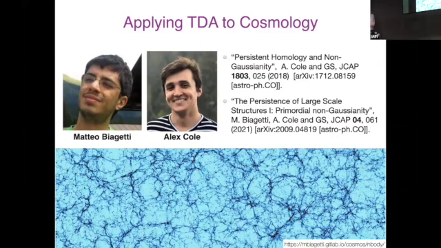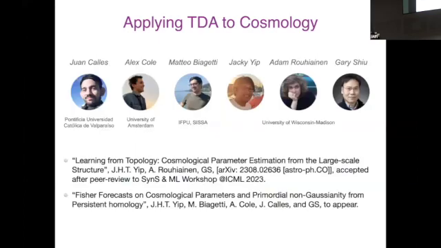And you will see in a second why this extension is important. And this collaboration has grown into a multinational one. And in this talk, I will be mostly focusing on the new results coming from our study, including using topological statistics in doing cosmological inference.